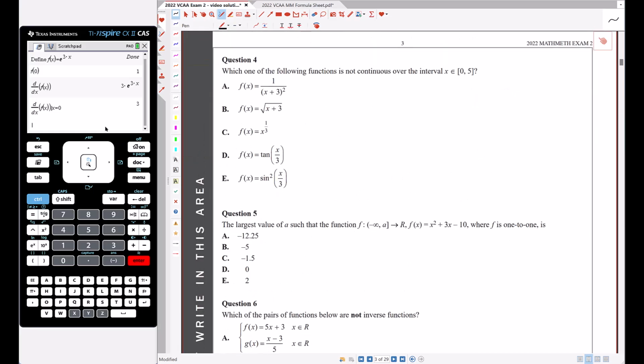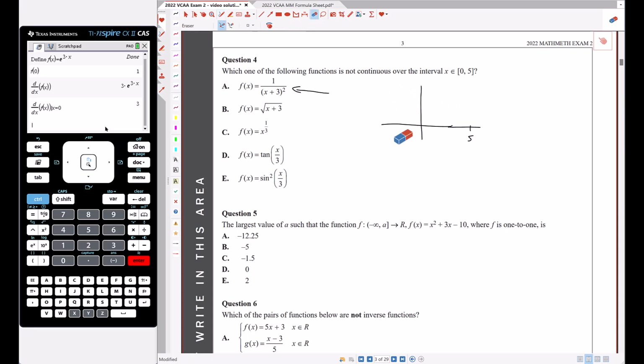Question 4. Which of the following functions is not continuous over the interval 0 to 5? Okay, we could use our CAS to help us sketch these graphs, but we really just need to be able to think them through. I actually think A is going to be the option here. Oh no, sorry, it's gone the wrong way. That's a truncus gone to the left by 3, so over 0 to 5 we would definitely be continuous for that function.